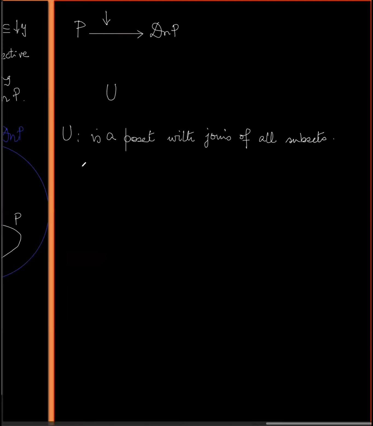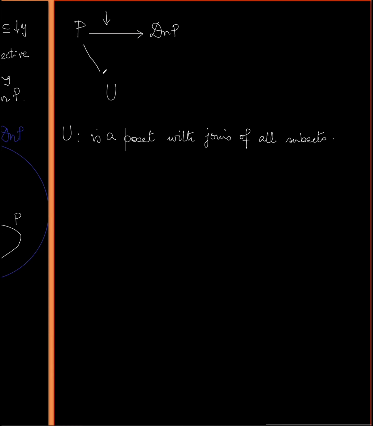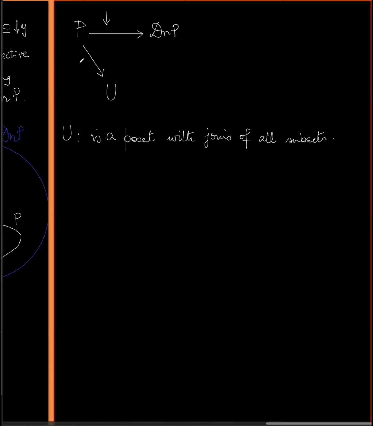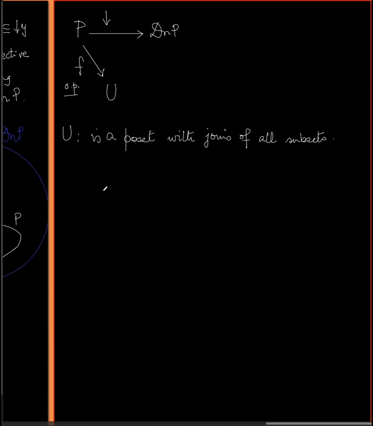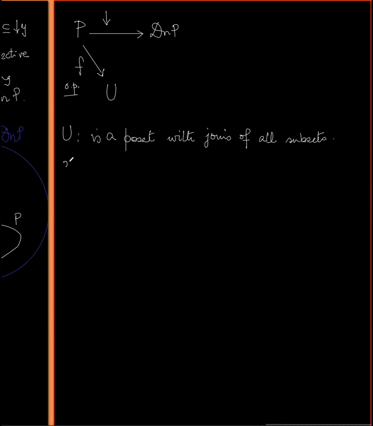So that means U has not only finite joins, but joins of all possible subsets. And suppose we have a function f which is order preserving. That means x is less than or equal to y in P implies fx is less than or equal to fy.